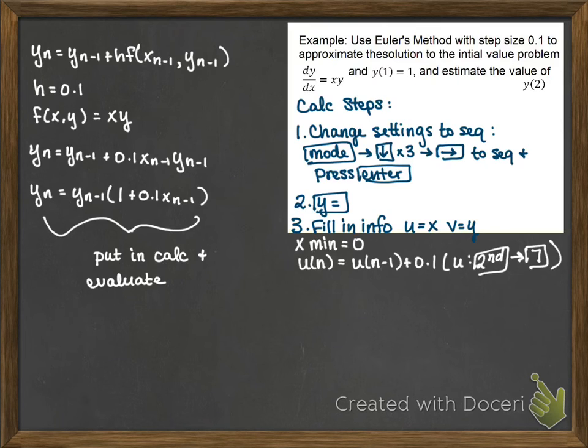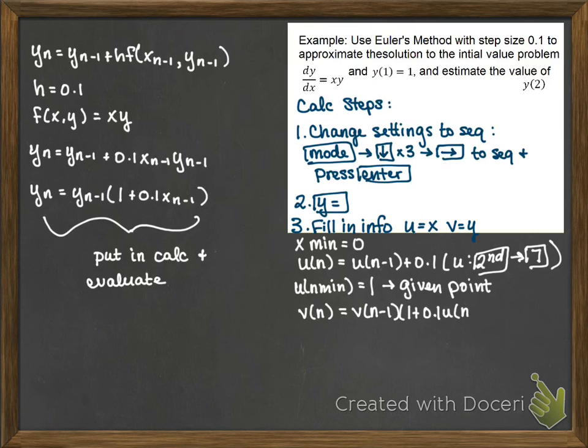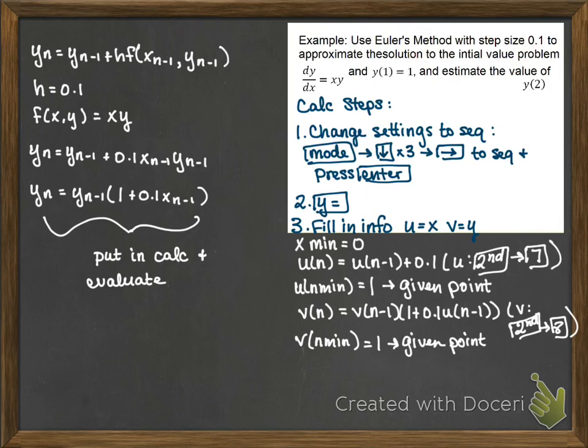To get u, you do second and then 7, and that gets you your u symbol. So u of n min is 1 because that is our given point. And then v of n is v of n minus 1 times 1 plus 0.1 u of n minus 1, because again, that's x. To get v, it's just second and 8. And your v of n min is 1, again, because it is your given point.